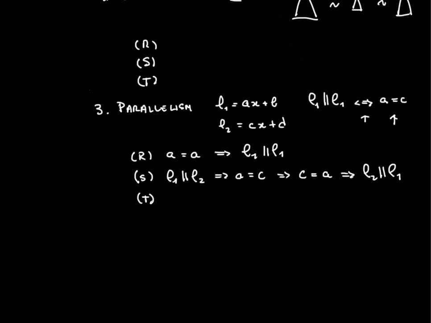And we're going to do the same thing for transitivity. Let's say I have a third line L3, which is E times x plus F.